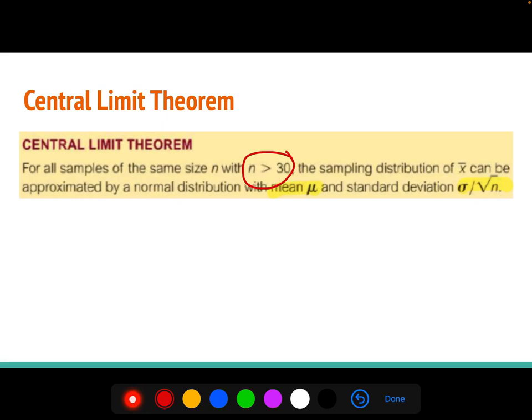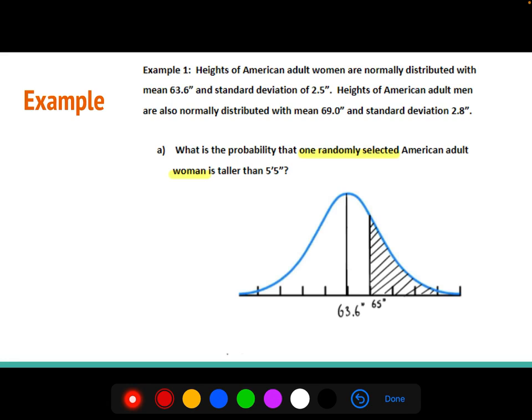So our sample size greater than 30 means that we can approximate it with the normal distribution with a mean of mu and a standard deviation, not just sigma, but sigma divided by the square root of n. So here we are. We have heights of American women normally distributed with a mean and a standard deviation.